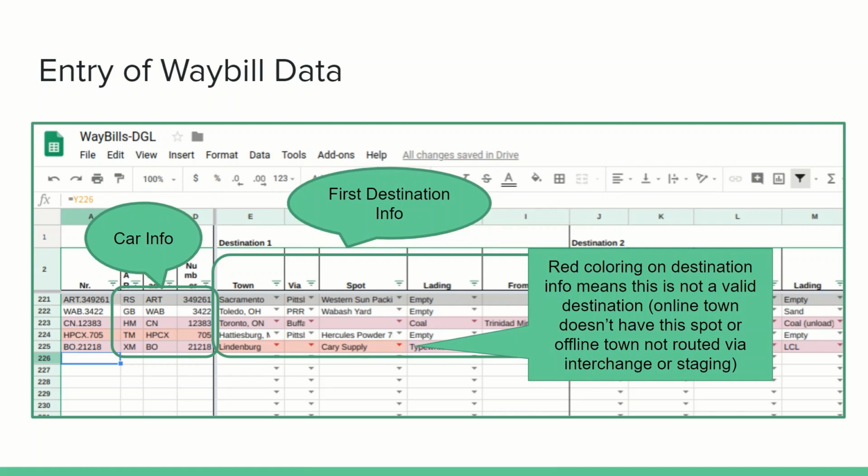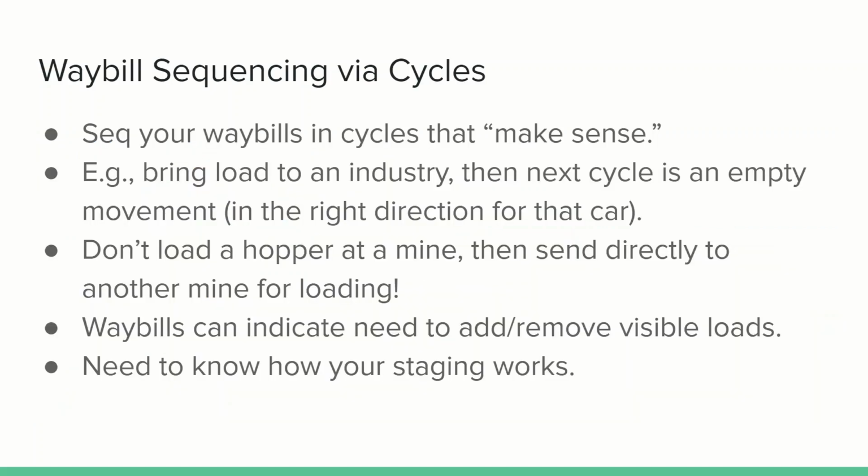And then when you see this red within the destination section, it's indicating that it's not a valid destination. So in this case, I've indicated a spot called Carry Supply in Lindenburg, and that is not configured within the spreadsheet. There is no Carry Supply in Lindenburg, so that's an error. Maybe I chose a spot that's in some other location. All right, so.